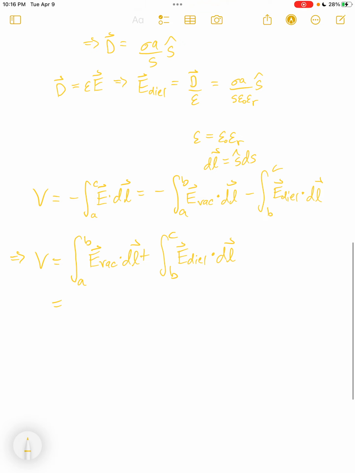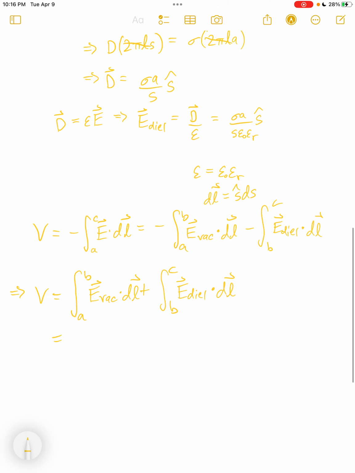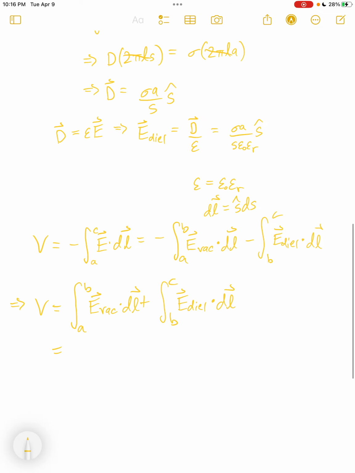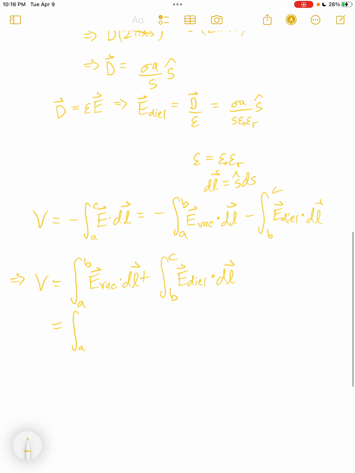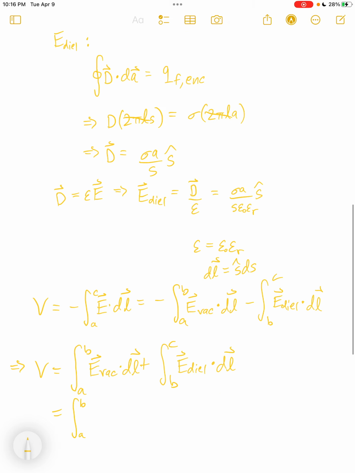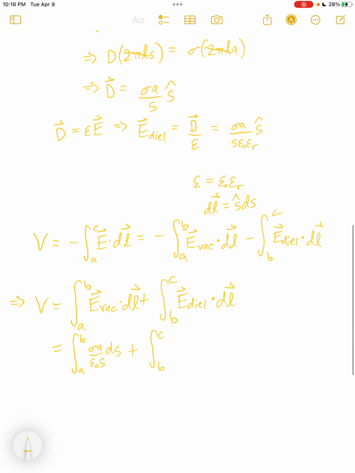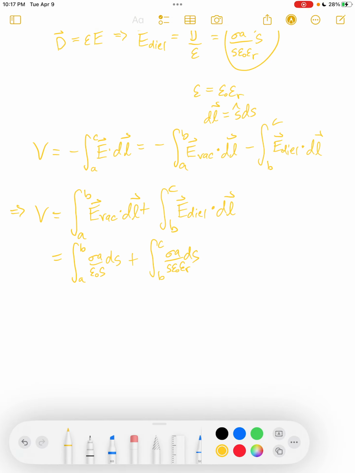Okay, let's plug in what E vac and E dielectric are. So I can write this as the integral from A to B, E vac is right there, so it's going to be sigma A over epsilon 0 s ds, plus the integral from B to C. E dielectric, we have it right here, so it's going to be sigma A over s epsilon 0 epsilon r ds. Okay, let's keep going.